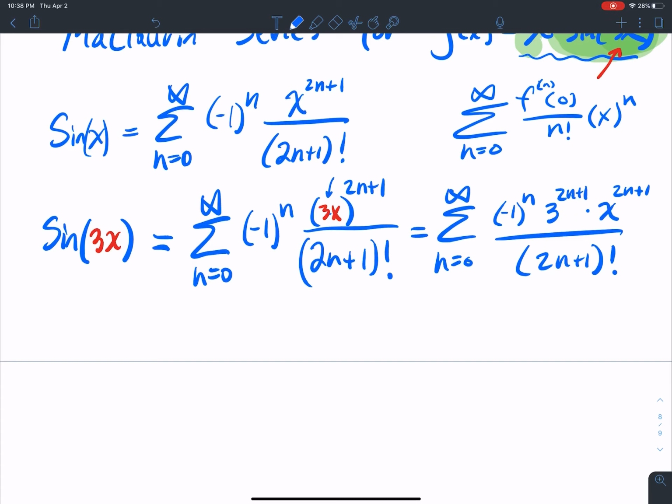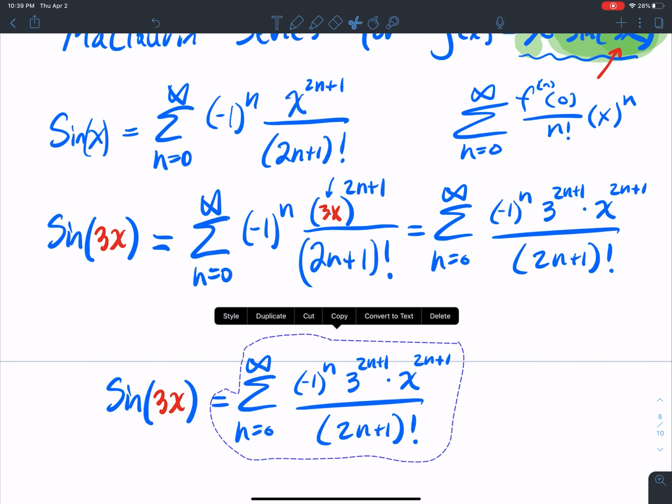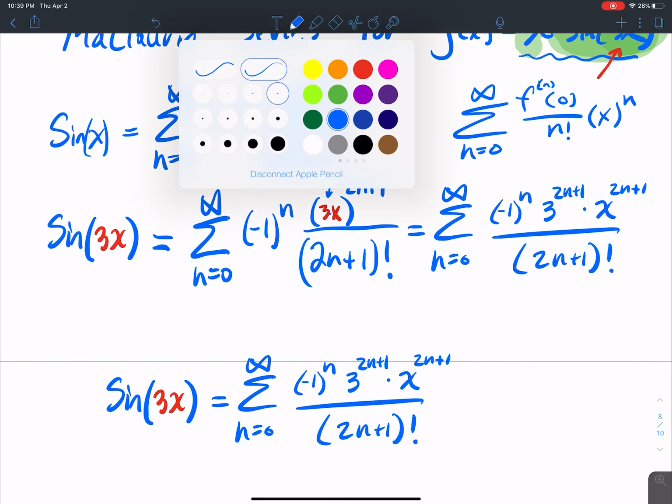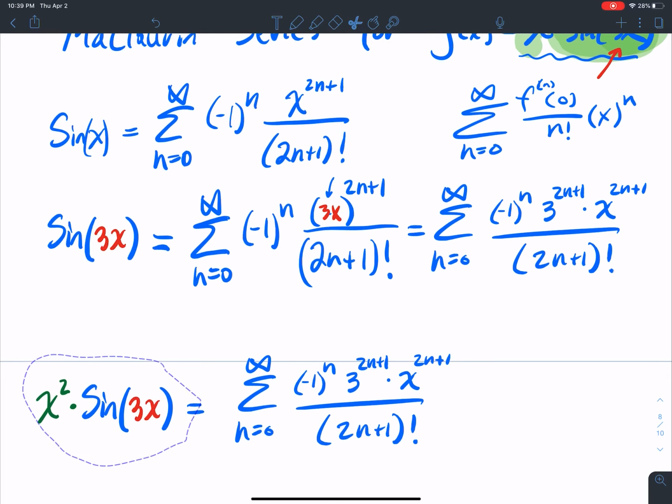Now I want to multiply this whole thing by x squared. We're going to use the same technique we did just a second ago.